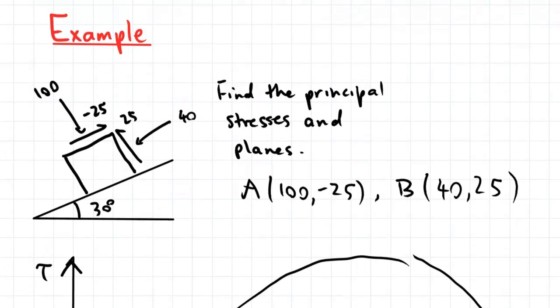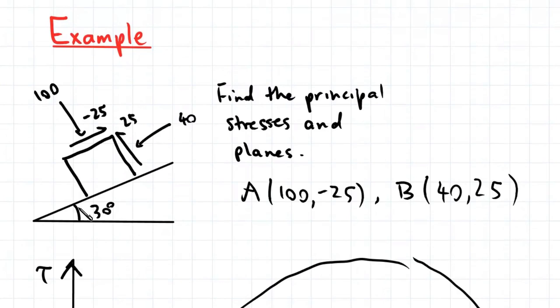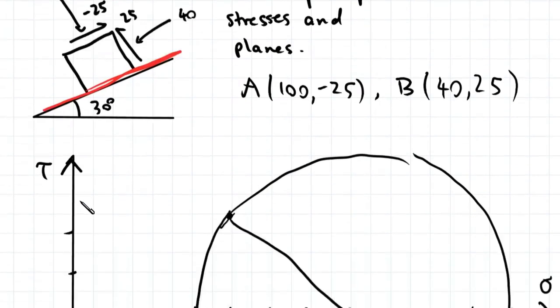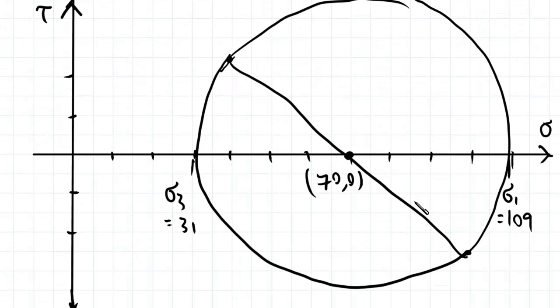So if we go back to our example, this plane here corresponds to this line here. So now what we need to do is determine the angle between this line and the principal plane, which is this horizontal axis. So this angle here is 2 theta.